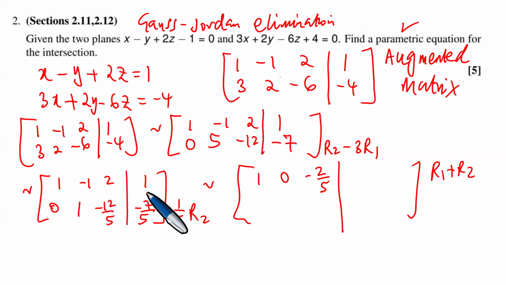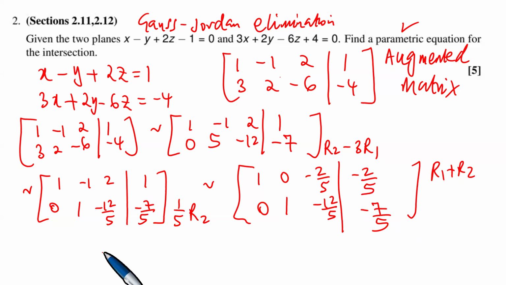Obviously you are adding row 1 and row 2. That is the elementary row operation. But you want to make this one have the same denominator 5, so you can write this one as 5 out of 5. 5 minus 7 would give us minus 2 out of 5. So 0, 1, minus 12 out of 5, which is minus 7 out of 5.